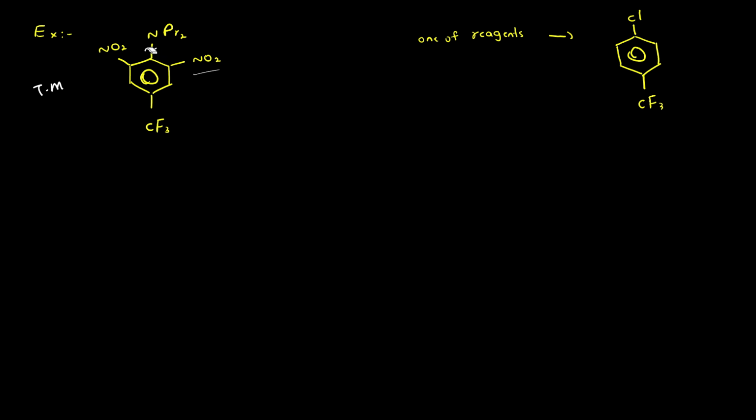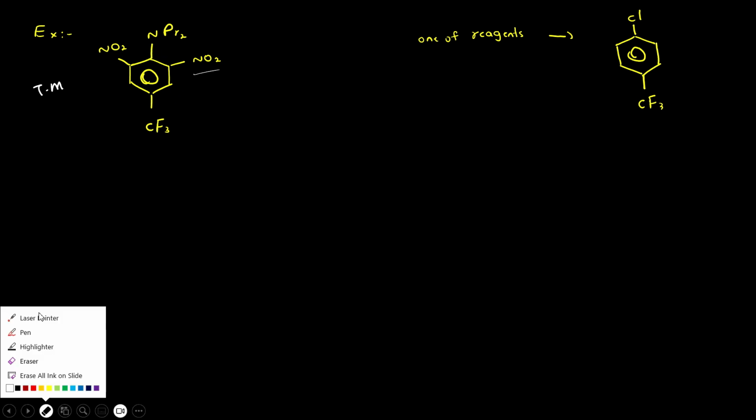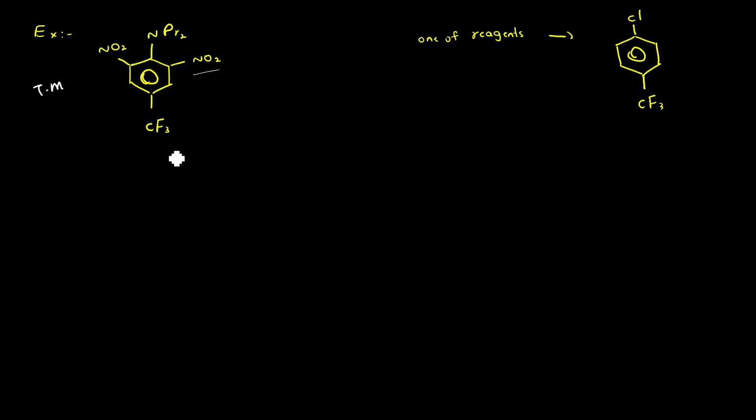Now the first thing I'm going to do is, we have to remove the NO2 groups, but before that, you can see we have a chlorine group here. So first let's do a functional group interconversion.